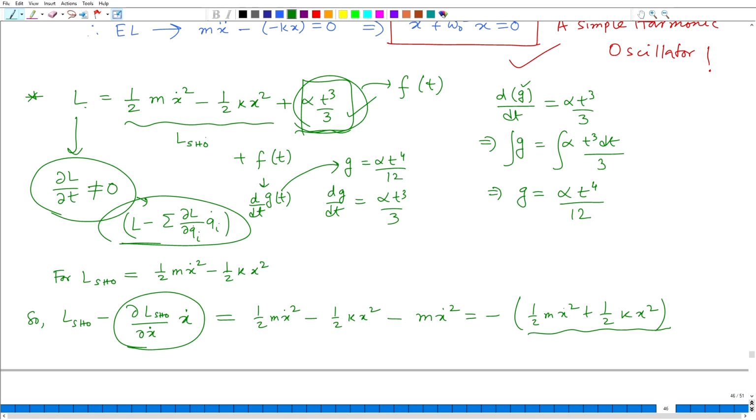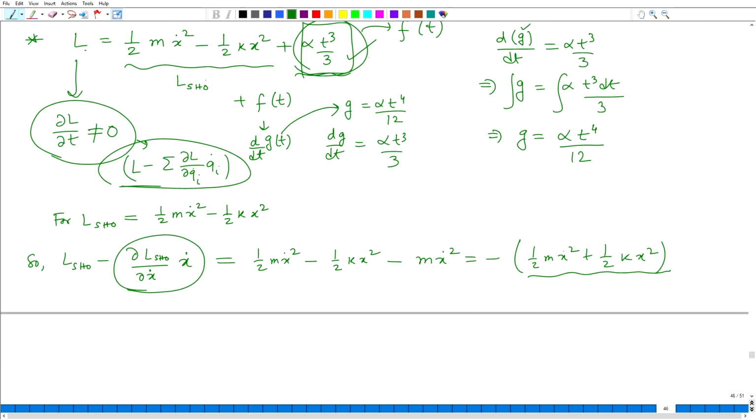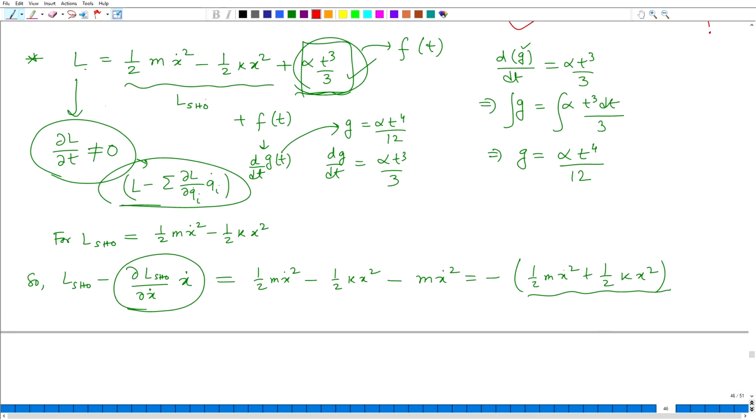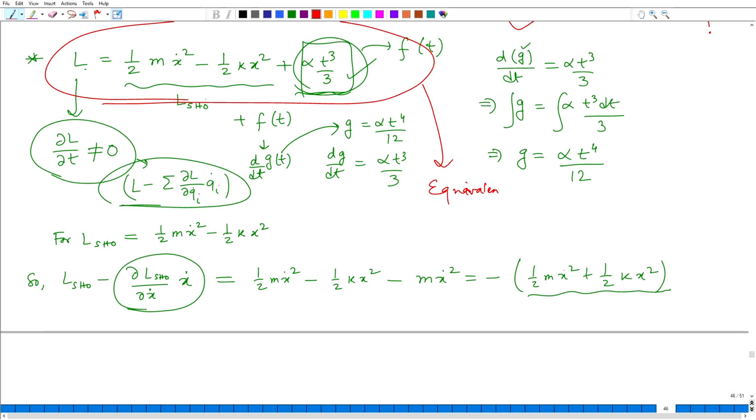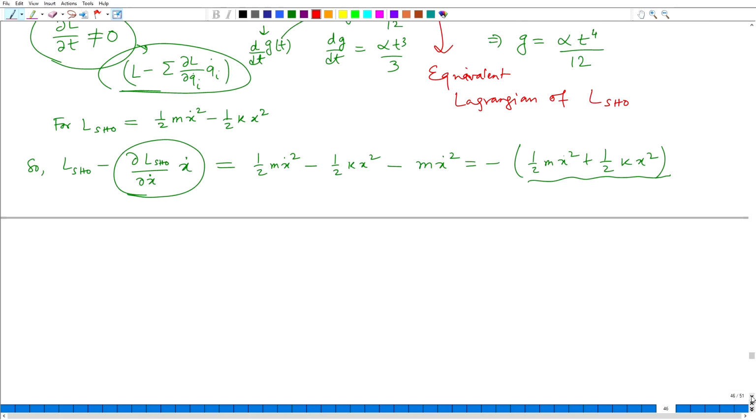The thing is, the first conclusion is this Lagrangian is certainly an equivalent Lagrangian of L_SHO, and that is why, if you solve the Euler-Lagrange equation, let us solve that also. So, I have L, so let us solve the Euler-Lagrange equation.